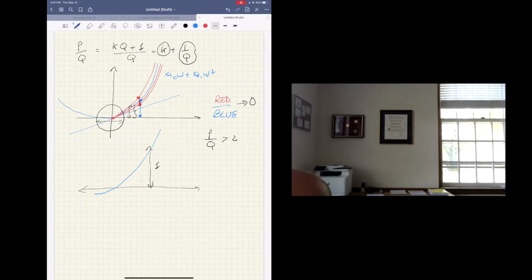So if p over q is bigger than 1, when I rescale this picture, what I'm really going to see in the limit is just this flat line. I'm just going to see this guy.